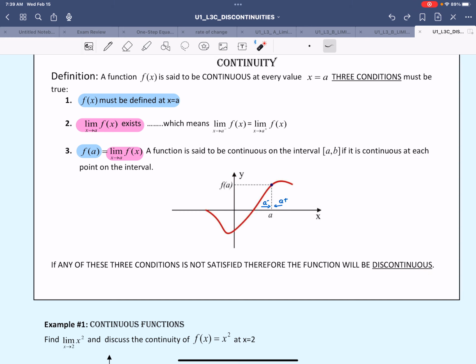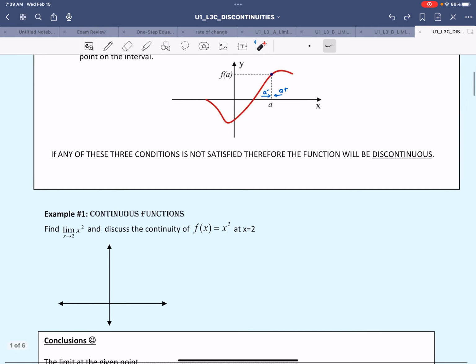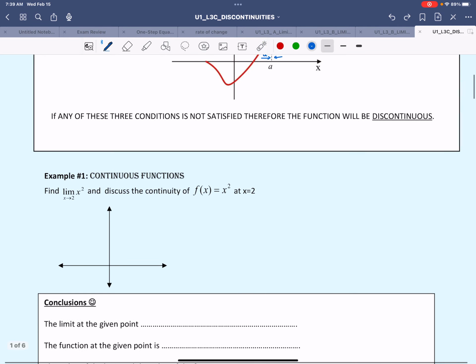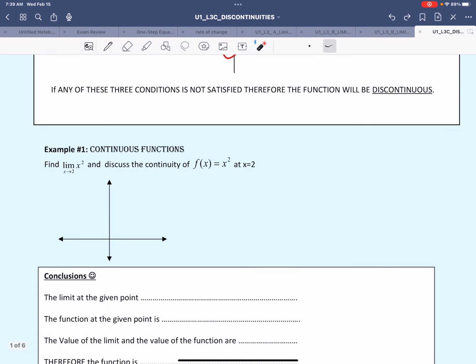So first, we're going to take a look at an example where a function is continuous and discuss the continuity algebraically. For example, we have to find the limit as x approaches 2 of x squared and discuss the continuity of f of x equals x squared at exactly x equals 2.